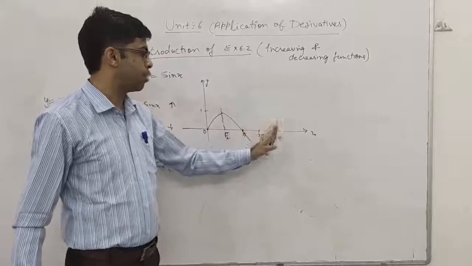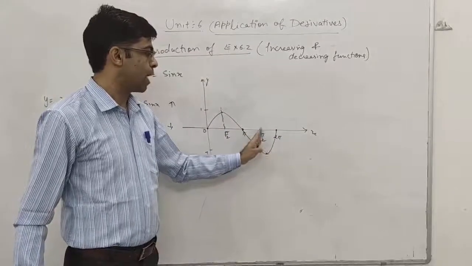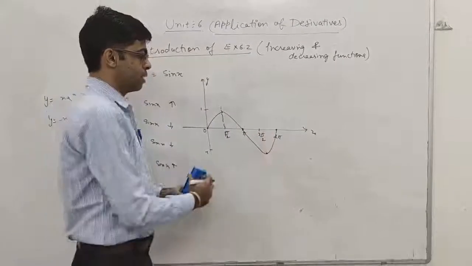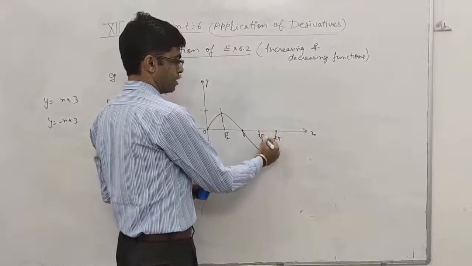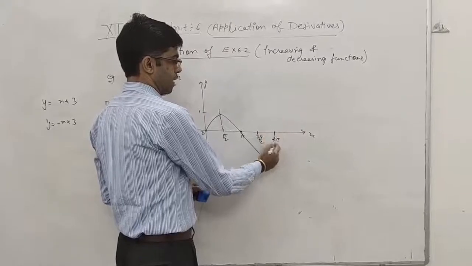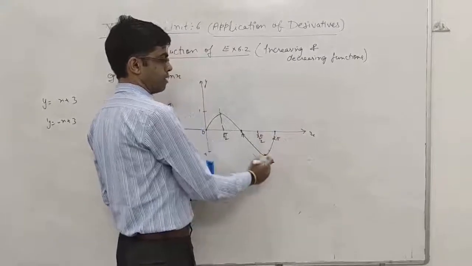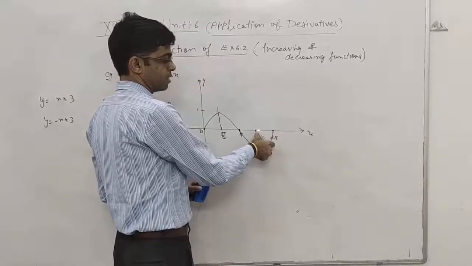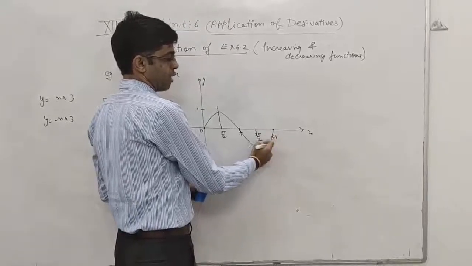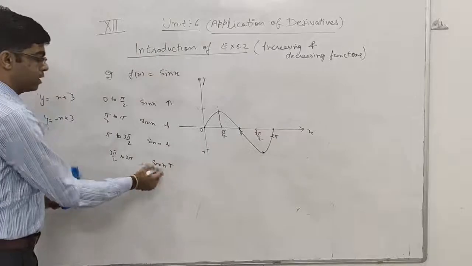Now 3 pi by 2 to 2 pi, as you are increasing the angle, the value of y is increasing, because from 3 pi by 2 to 2 pi it starts increasing again.